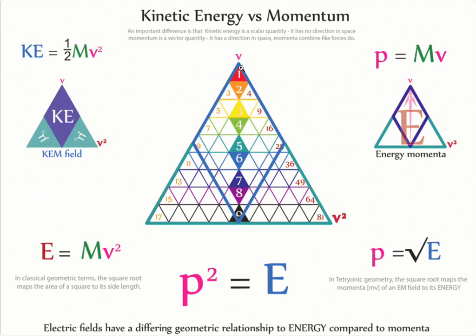And in order to increase the velocity, which is the square root of the energy momenta, we have to increase it in odd-numbered bosons. But in doing so, the square root obviously has a geometric property as well. That is the height of the equilateral triangle. So where you see the height of an equilateral triangle, you know it's the square root of the scalar field. We're talking the linear momentum.